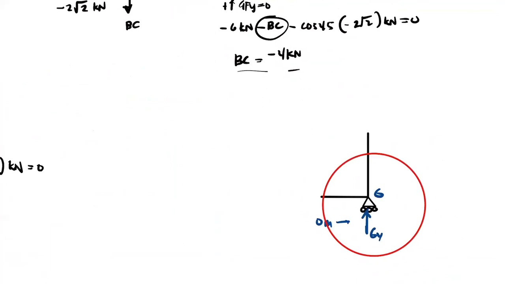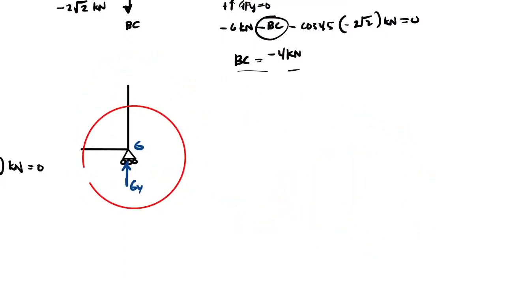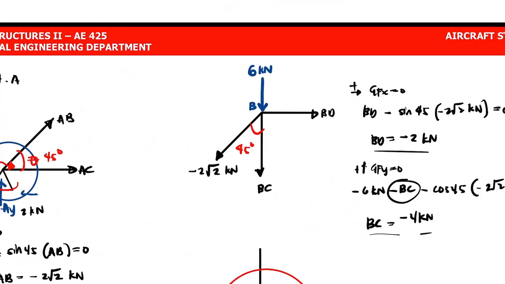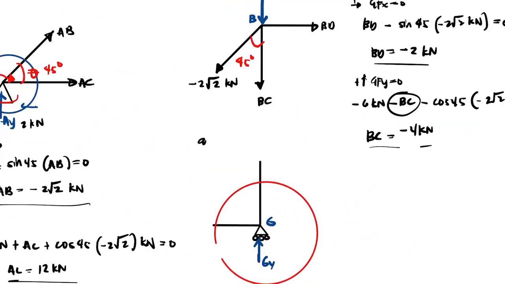Okay. So this is your joint. Okay. Sulatan natin, this is at joint B. This one is at joint G.